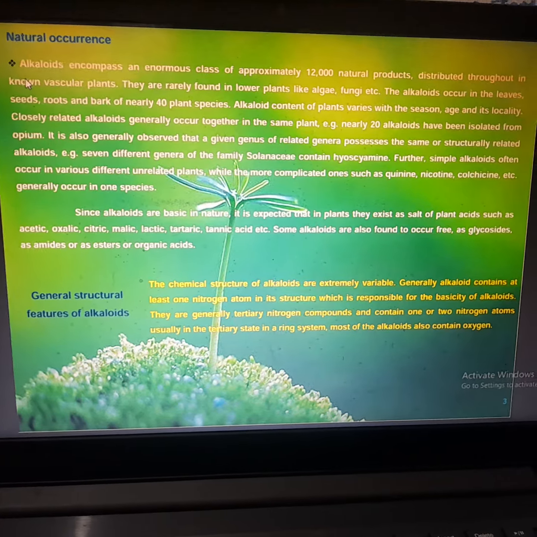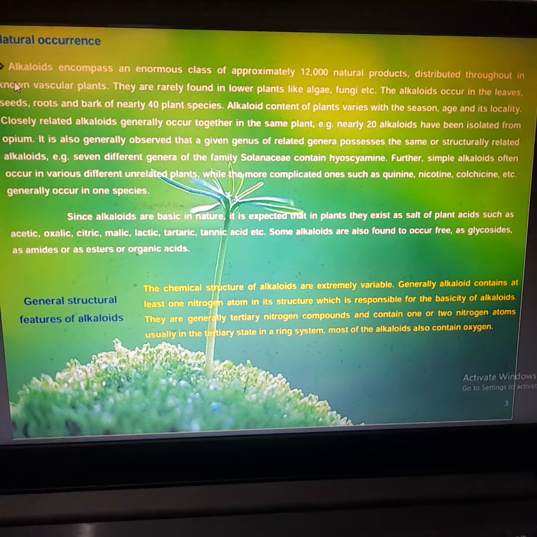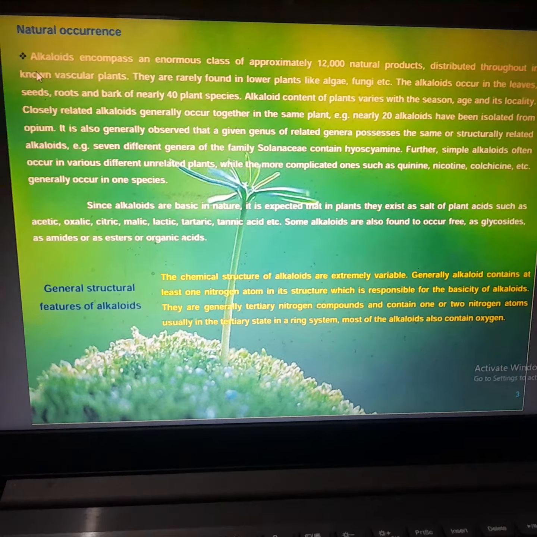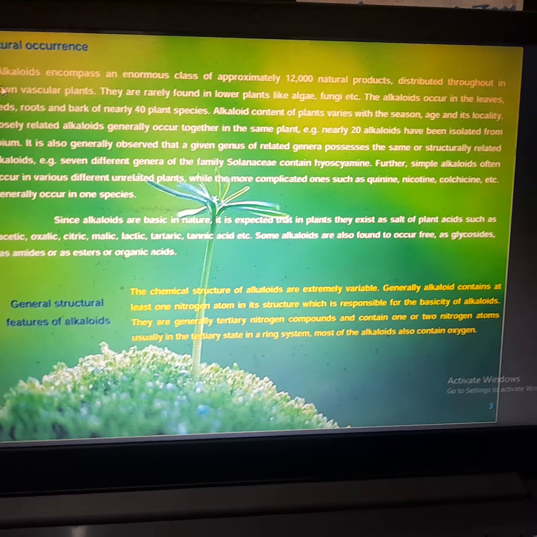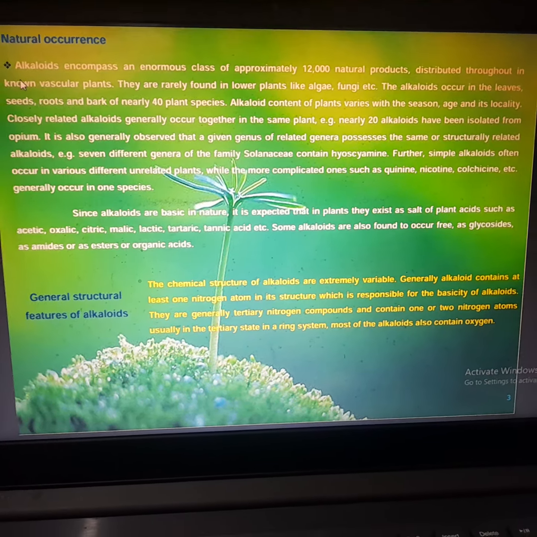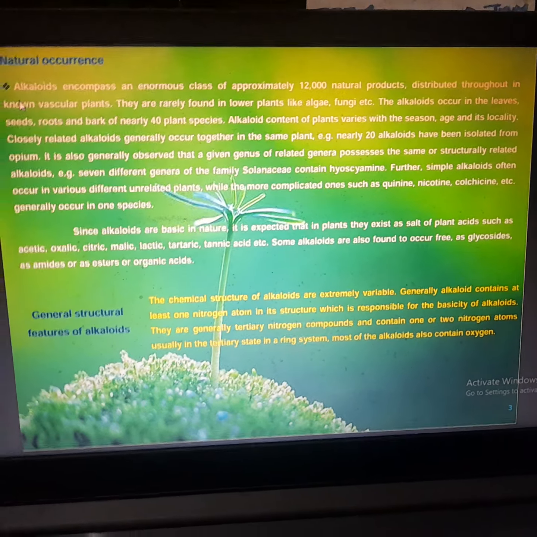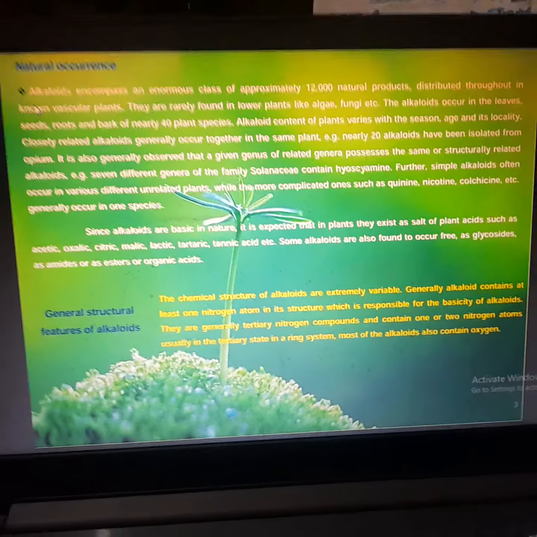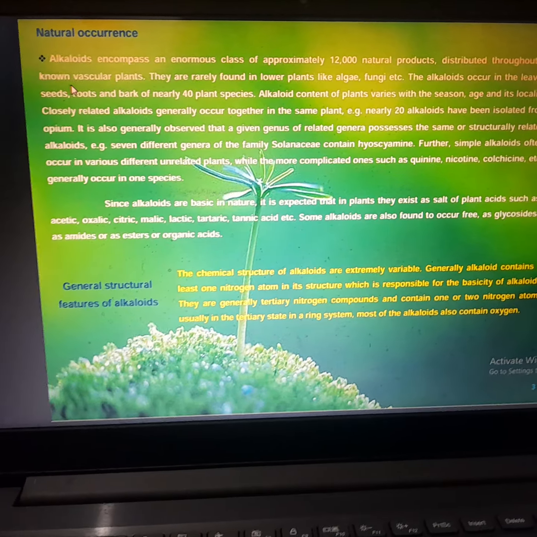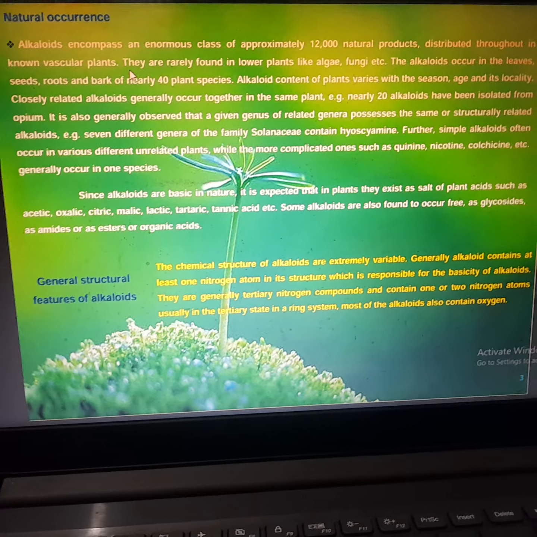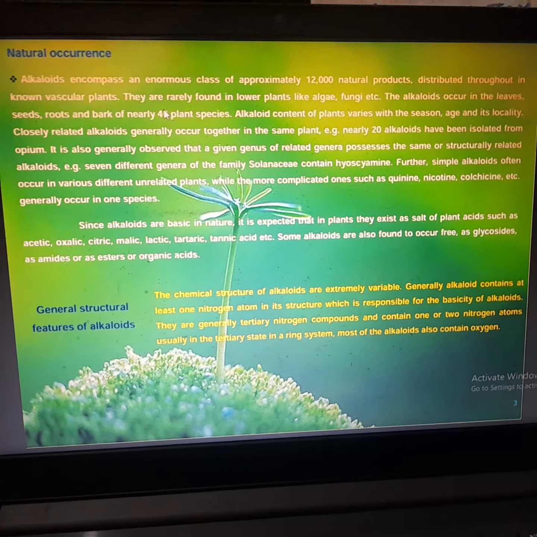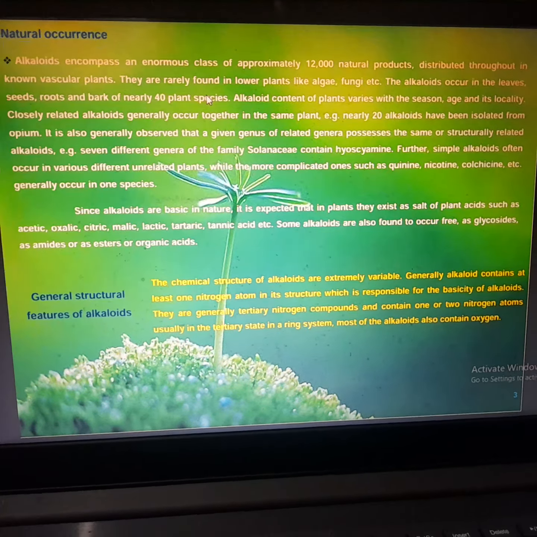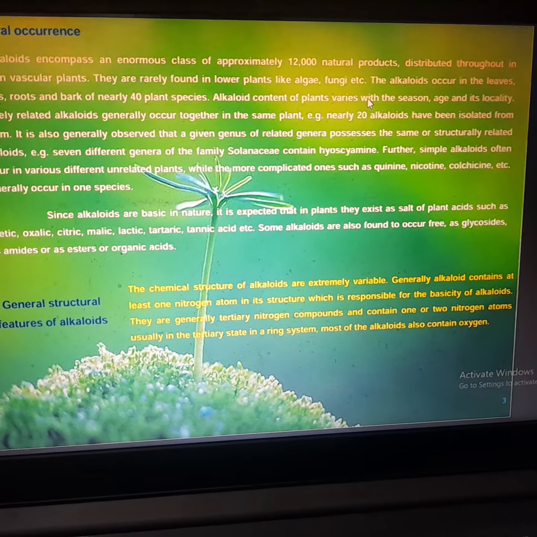It's an enormous class, okay? 12,000 natural products means alkaloids are one of the components in such natural products distributed throughout in known vascular plants. They are rarely found in lower plants like algae, fungi.